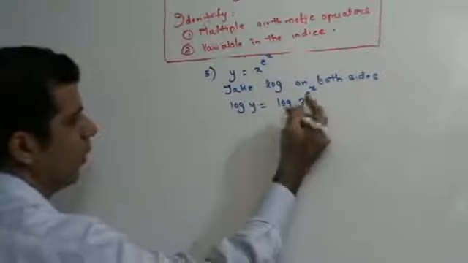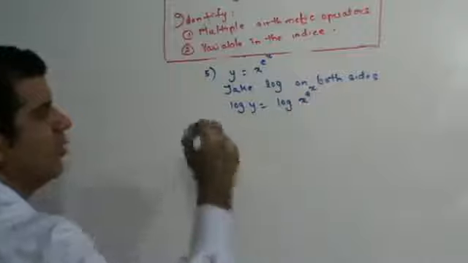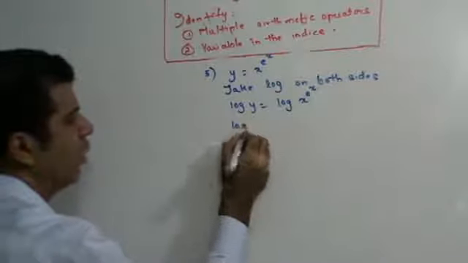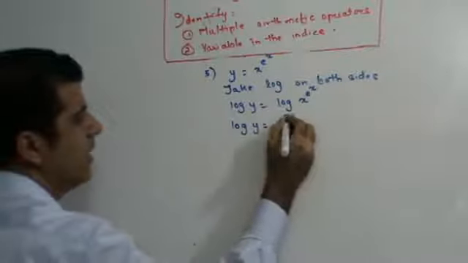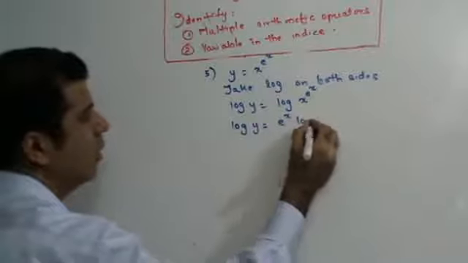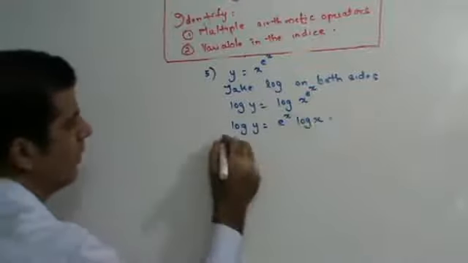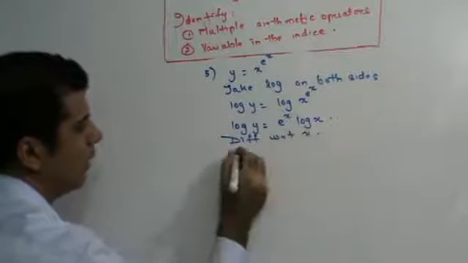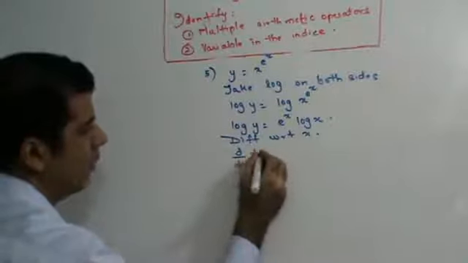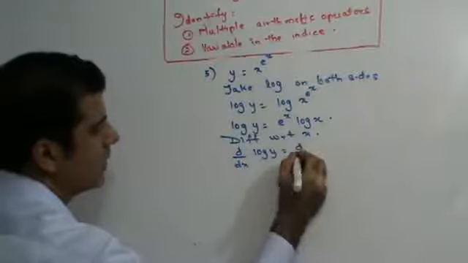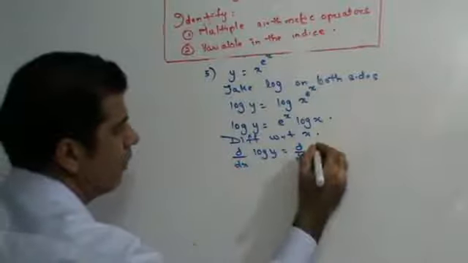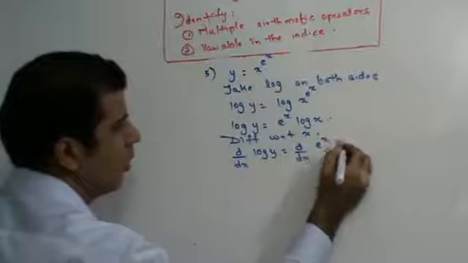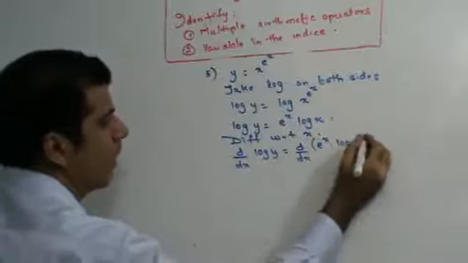Now whatever is the number in the index goes before log, so you will get log y is e raised to x log x. Differentiate with respect to x, so you will get d by dx of log y is d by dx of e raised to x log x.